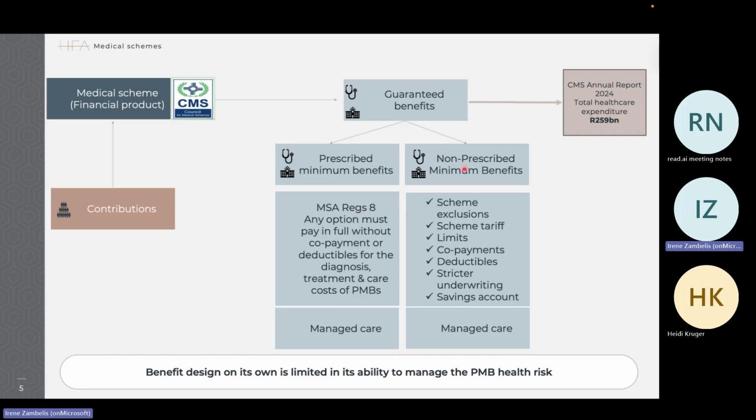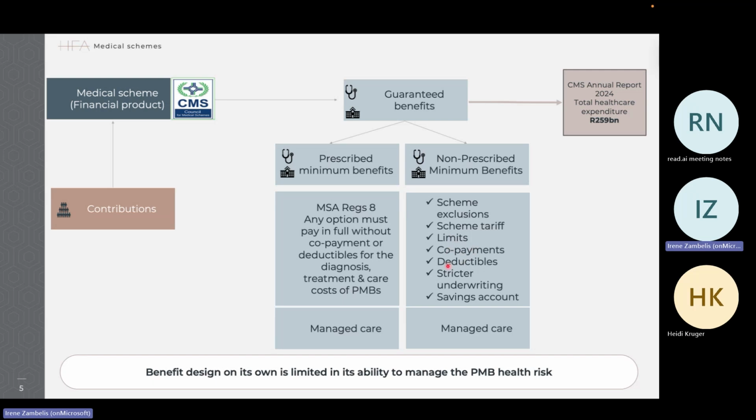With the non-prescribed minimum benefits, trustees have the ability to manage certain of the health expenses using benefit design, like your scheme exclusions. You can set a scheme tariff, because we know private providers have no regulated tariff. You can impose annual limits, saying there's a financial cap on what one can spend in a particular category for the year.